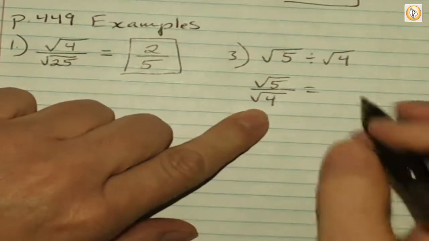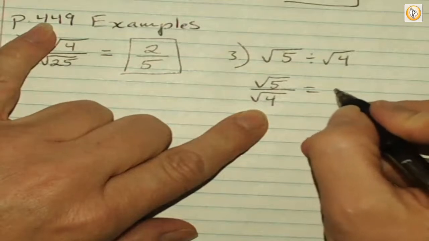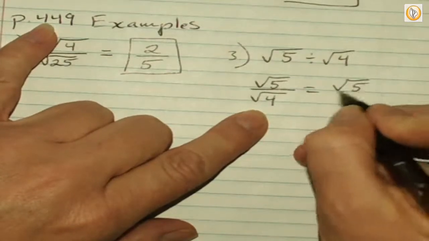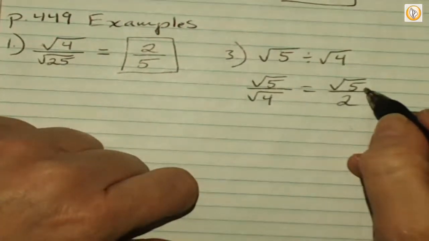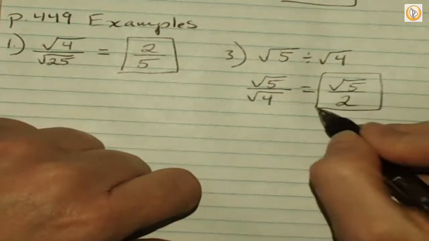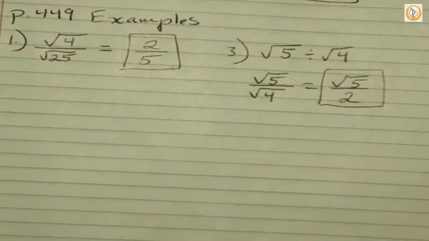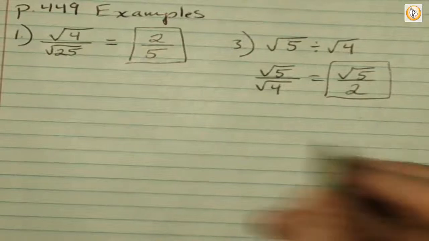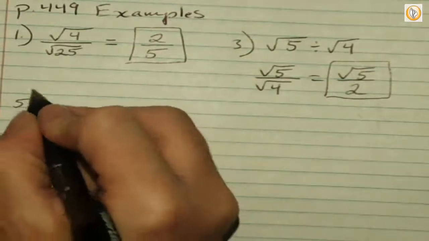So that's a perfect square. So then what's my final answer? Square root of 5 over regular old 2. That 5 is prime, so we are done. Any questions? I hope y'all are writing this down. You got it, Valeria?